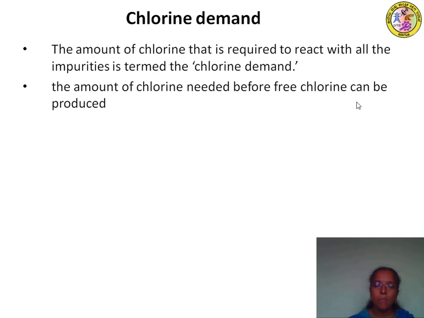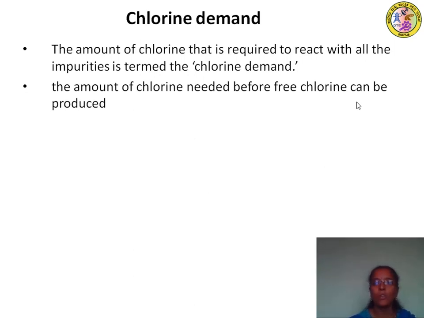But when you apply 0.5, all the impurities will be reacted or disinfected. And if you add 0.6 milligram per liter, then free chlorine will be produced. Beyond this 0.5 milligram per liter, whatever you add will be taken as free chlorine.